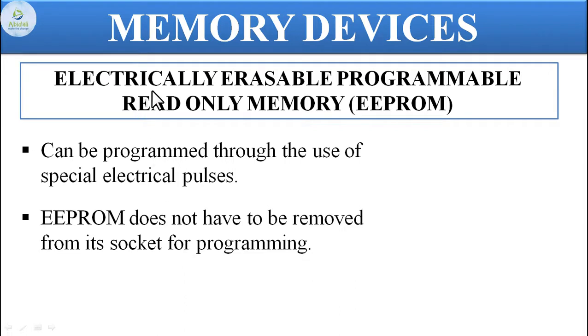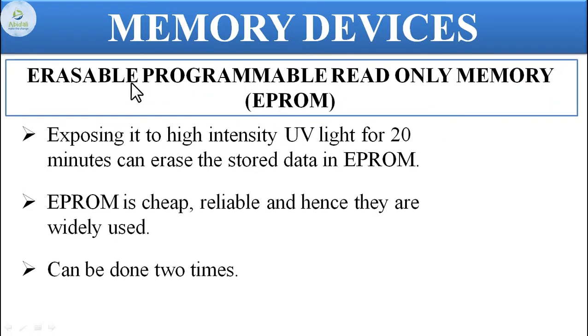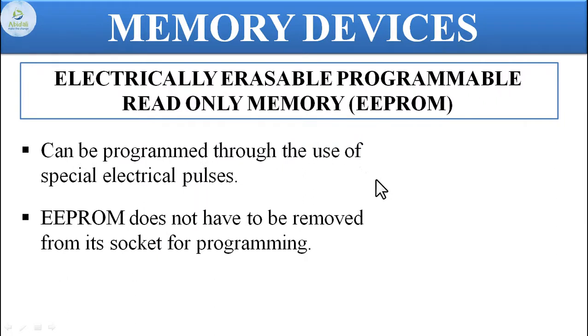The next is electrically erasable programmable read-only memory. In the EPROM, the contents are erased by UV light for around 20 minutes after being placed. But in the EEPROM, it can be programmed through the use of special electrical pulses, using a special kind of device. So EEPROM does not have to be removed from the socket.